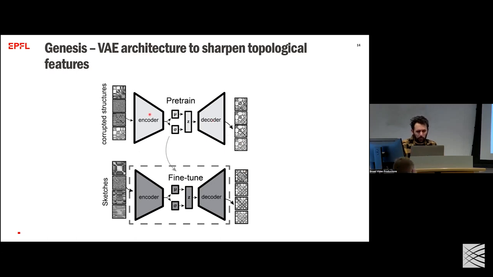In fact we had to play a few tricks. We couldn't just go strictly from corrupted structures to final refined maps, but we actually had to pre-train it with only an intermediate level of blurriness, and then train it finally in two steps so that it could go from completely blurry maps to much more well-defined maps with different features.